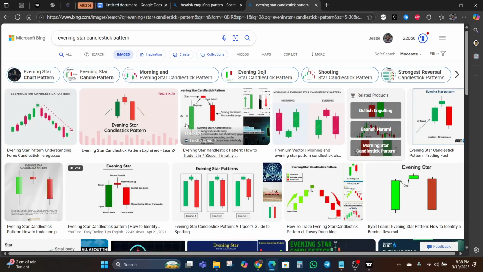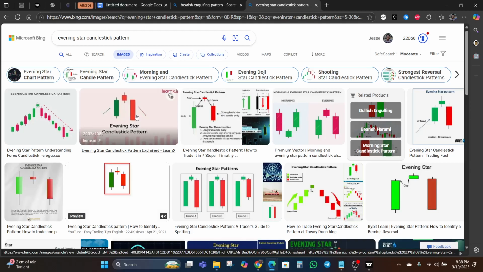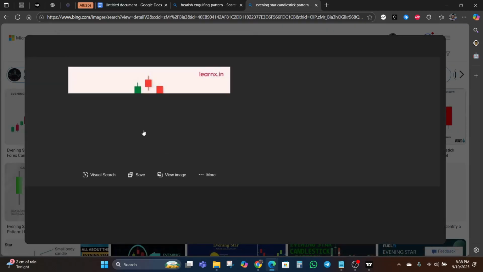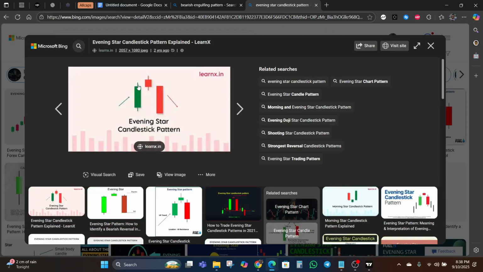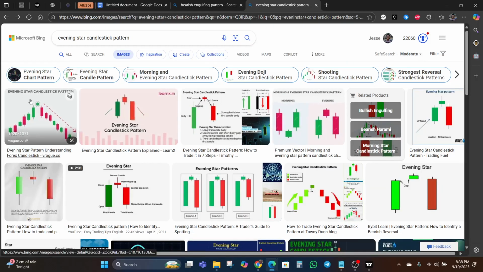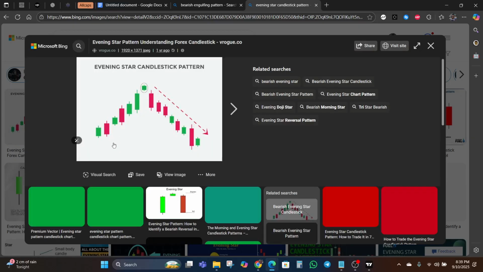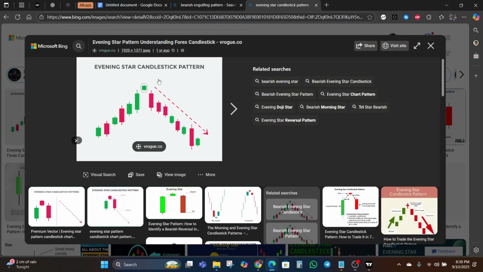It is a 3-candle formation that starts with a strong bullish candle, and then it's followed by a small indecisive candle and ends with a strong bearish candle. So it's a 3-candlestick pattern. The evening star signals a shift in momentum from buyers to sellers, often marking a reversal at the top of an uptrend.